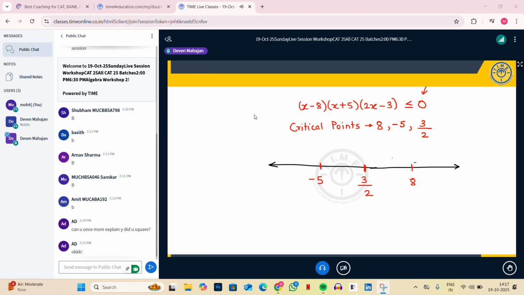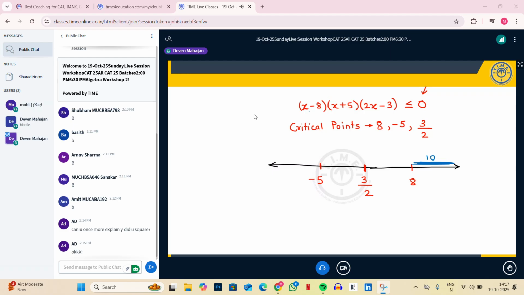So now that first range is numbers more than 8. So you consider numbers more than 8 and check ये term जो left hand side पे वो positive आएगा कि negative आएगा. So if you take an example value of x, let's say 10, x को 10 ले लिया, you take any number more than 8 and test.